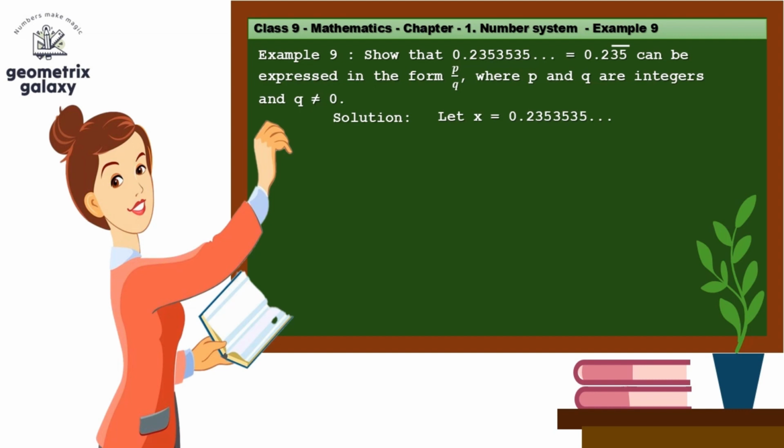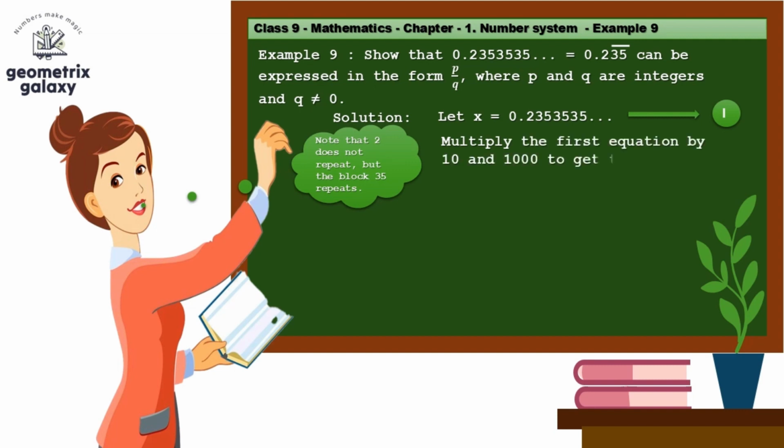Now you have to notice the bar is only for 35, not for 2. So 2 does not repeat, but the block 35 will repeat. Our next step is to multiply the first equation by 10 and 1000 to get the second and third equations.